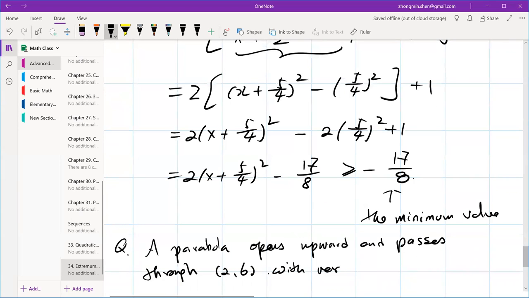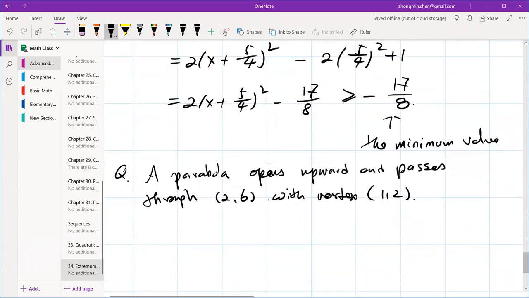We also know the vertex. Let's determine the equation for the parabola. Find the equation for the parabola.